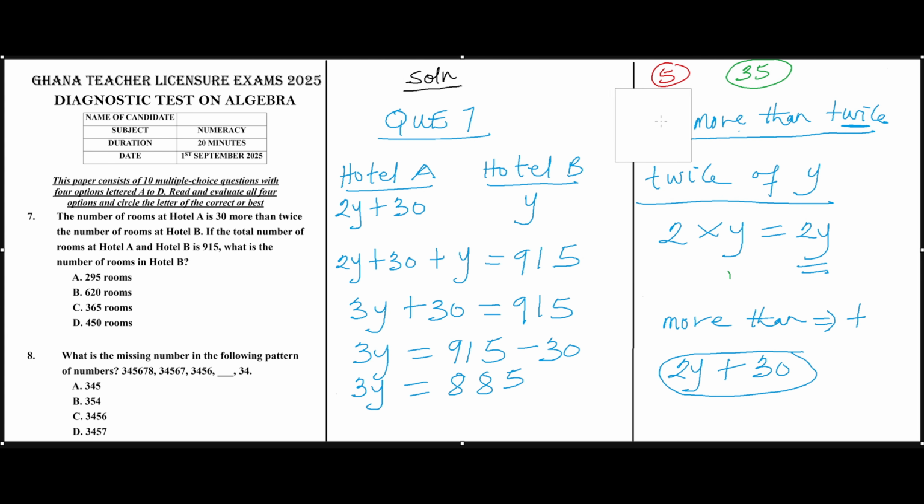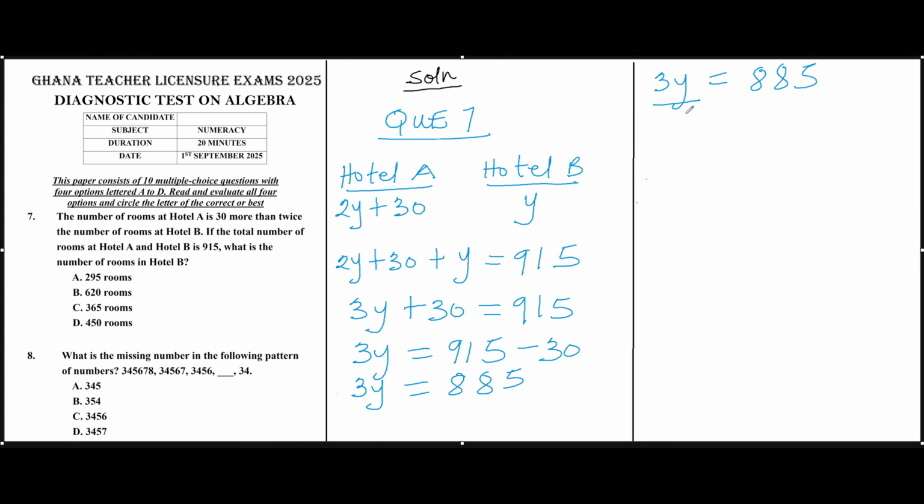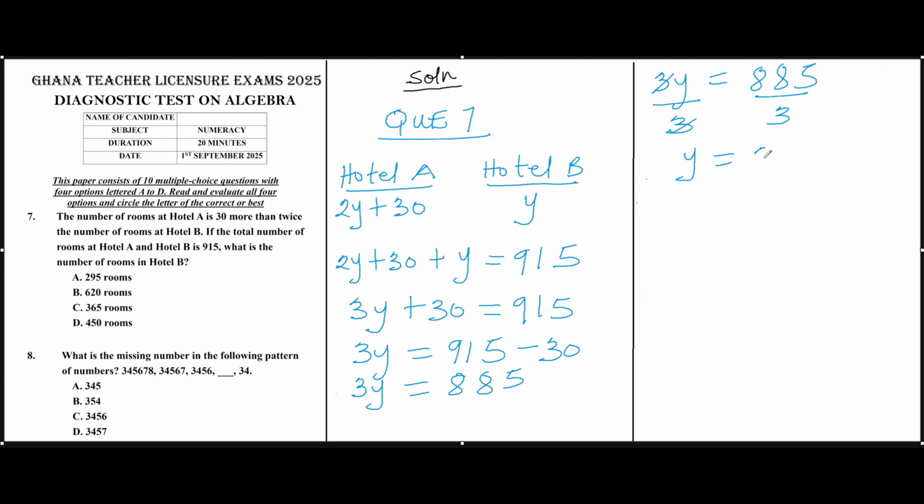Remember, we are looking for Y, so we divide both sides by 3. 885 divided by 3 is 295. Remember, we have to find the number of rooms in Hotel B, and that was represented as Y. So we have the right answer as 295, which is option A.